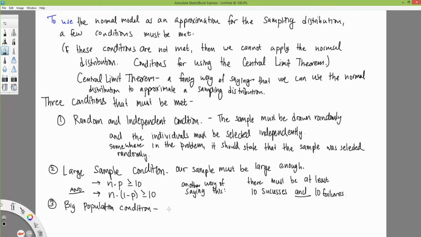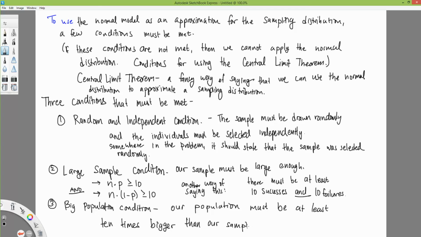All right, the big population condition. This says our population must be at least 10 times bigger than our sample. So if our sample is size 50, if we're taking samples of 50 M&Ms out of the tub, there must be at least how many M&Ms in the tub?